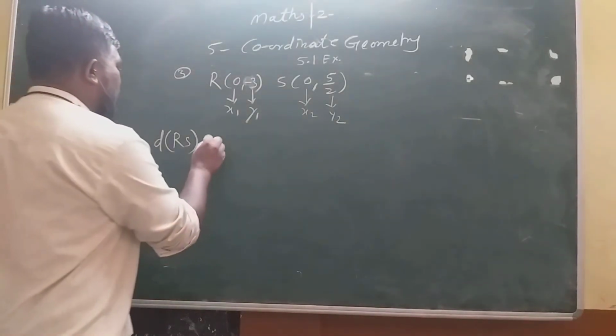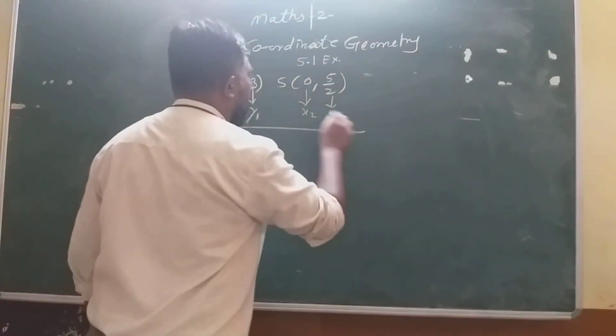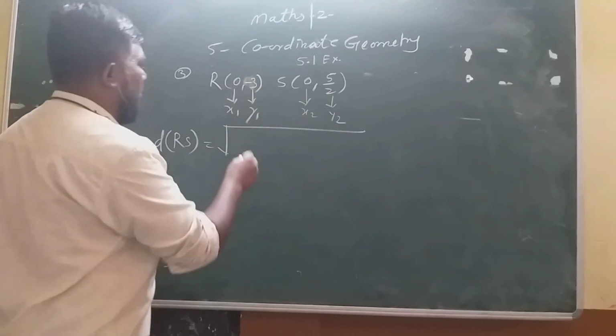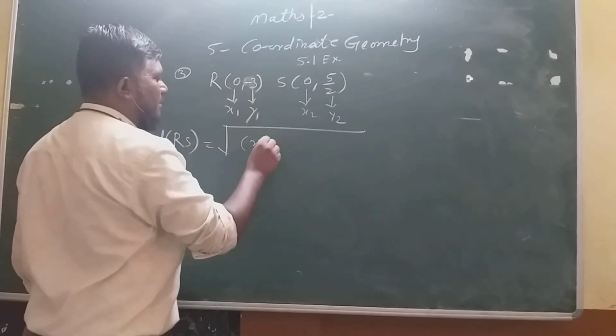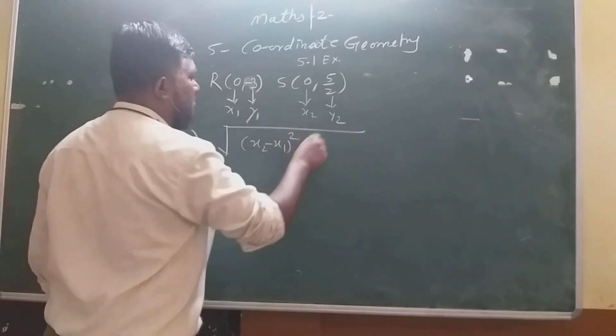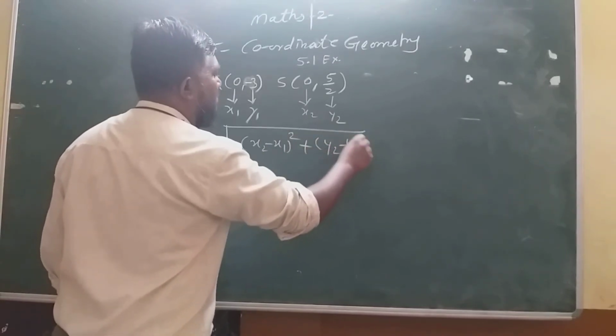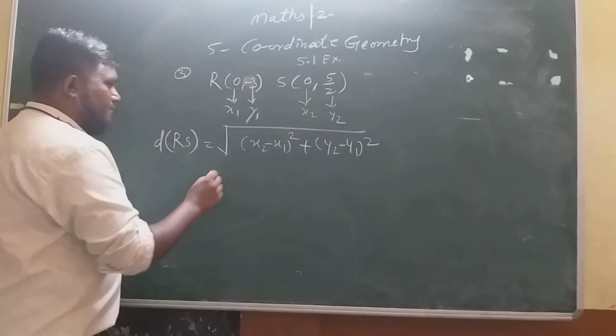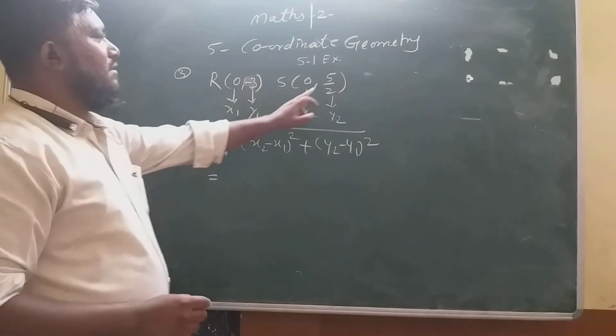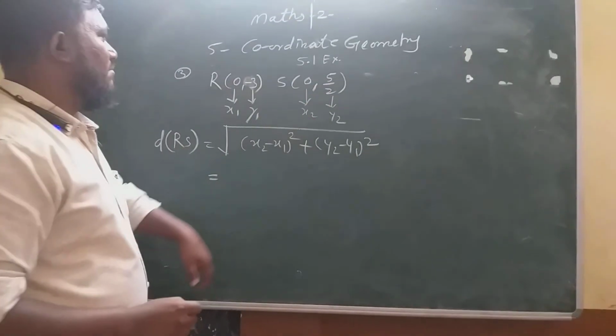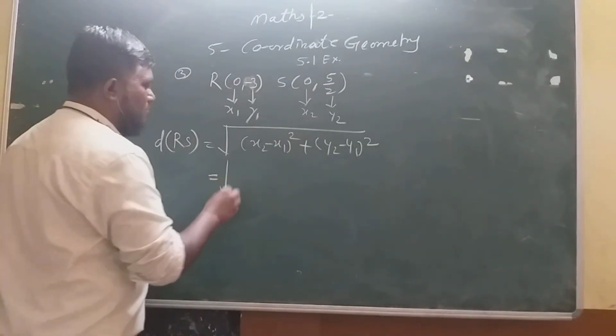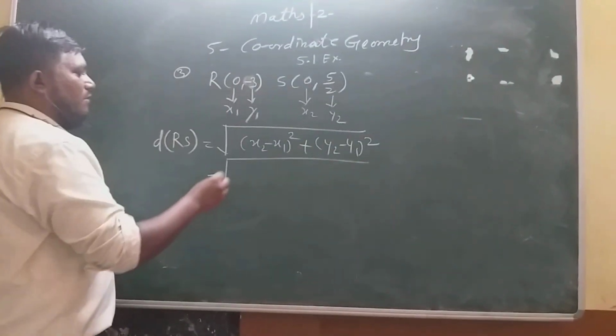Now, third example, I have shown the denotation like this, and we have to write the formula x2 minus x1 square plus y2 minus y1 square. Now, in this example, one rational number is given here, so some students will find difficulty in how to solve.